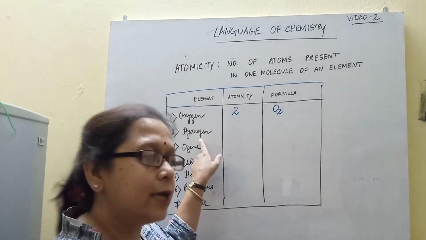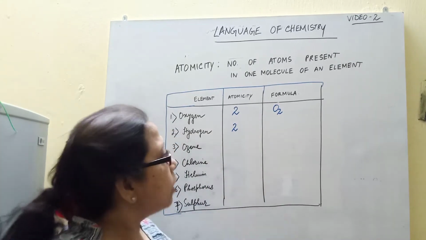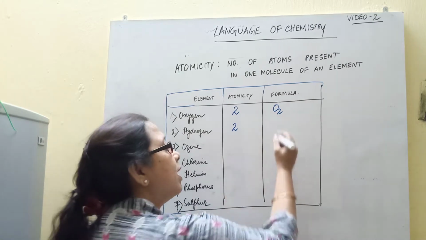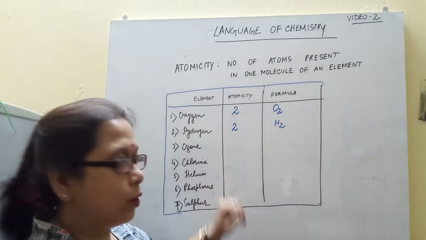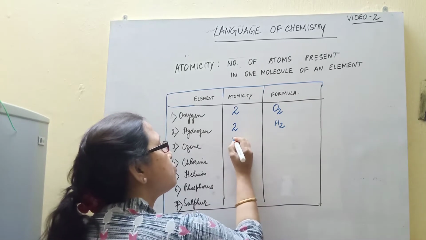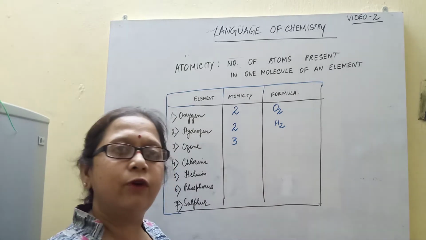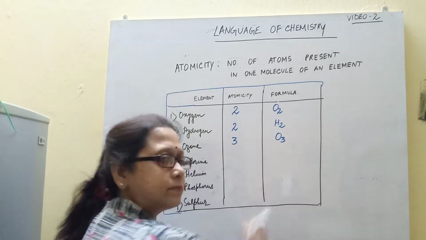Hydrogen, its atomicity is also 2. That means how to write its formula? We have to write it as H2. Ozone, its atomicity is 3. So to write the formula of ozone, we will write it as O3.